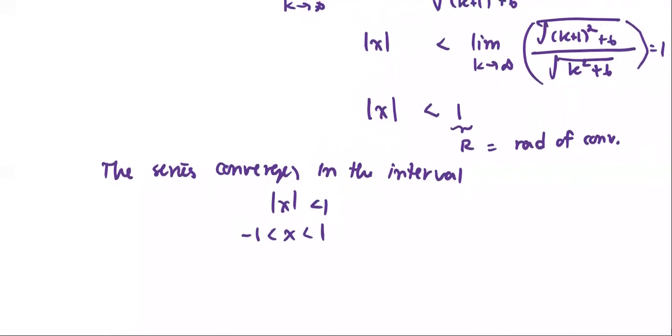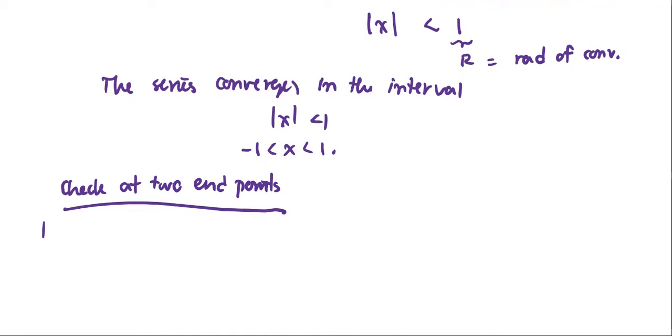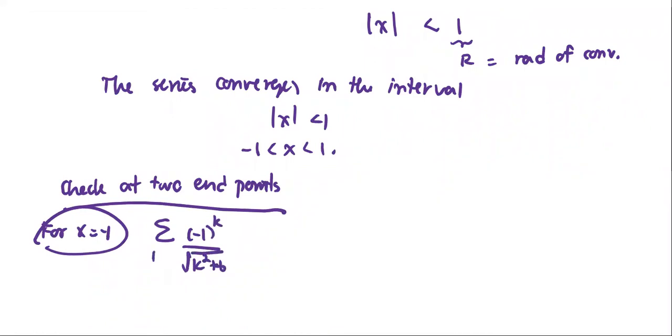Now we're going to check the two endpoints. For x equals negative 1, the series is the summation of negative 1 to the power k divided by the square root of k squared plus 6, k from 0 to infinity.